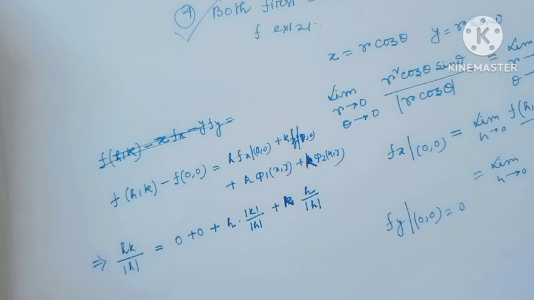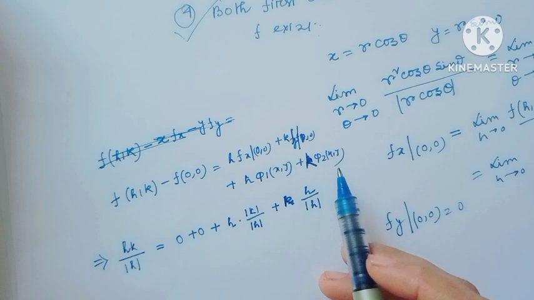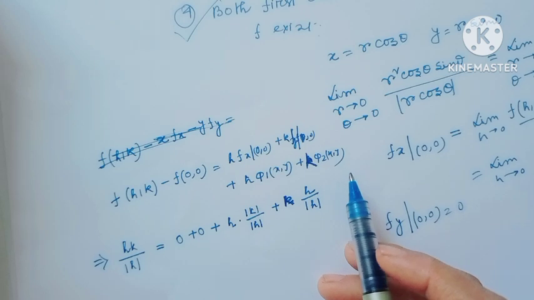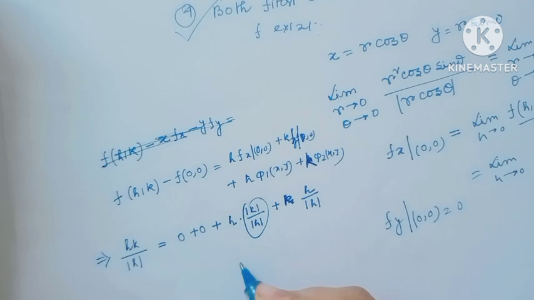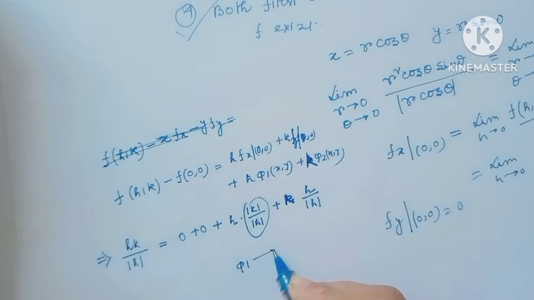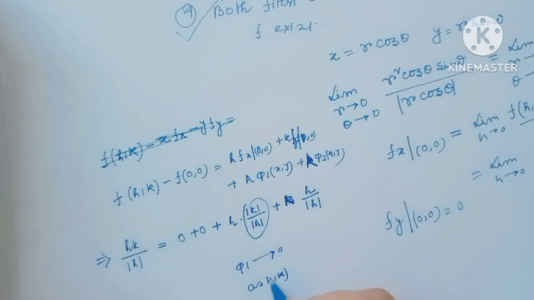Then we have to check whether phi 1 and phi 2 both go to 0 as (h, k) tends to (0, 0). Obviously phi 1 goes to 0 as (h, k) goes to (0, 0).